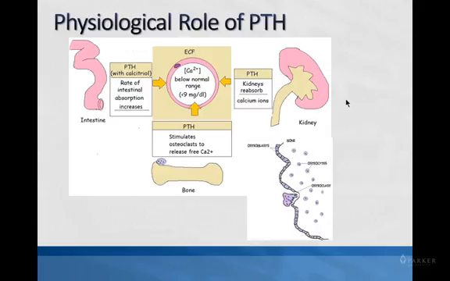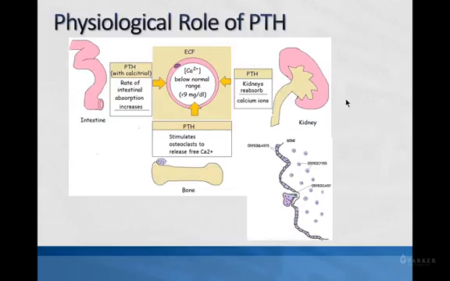So this is a little bit different than we talked about with vitamin D. In the kidneys, vitamin D increased both calcium and phosphate reabsorption. In the kidneys, parathyroid hormone increases calcium reabsorption, but it does not increase phosphate reabsorption.